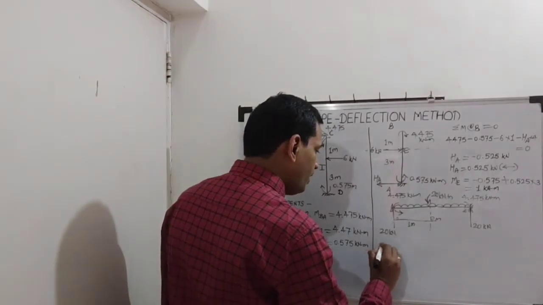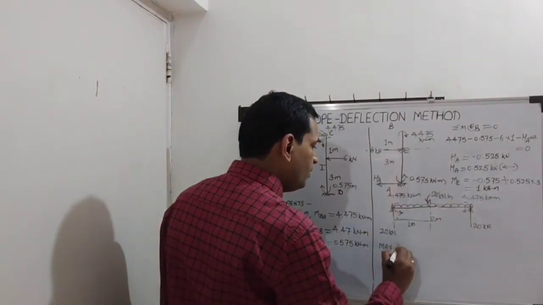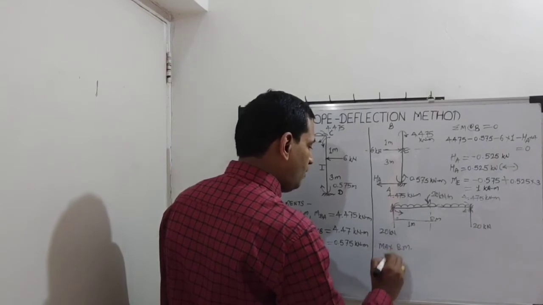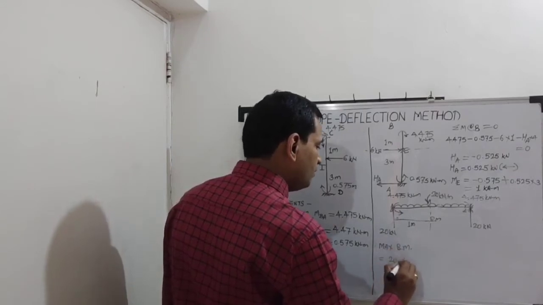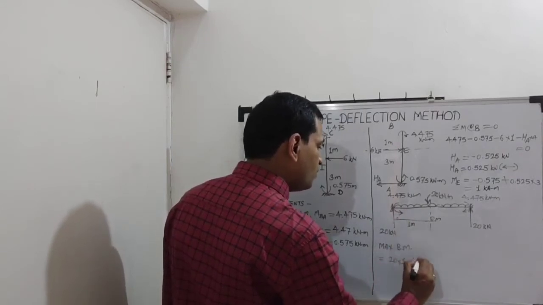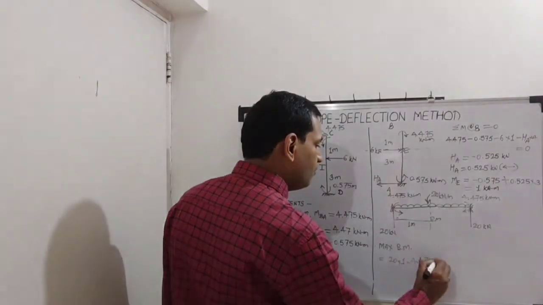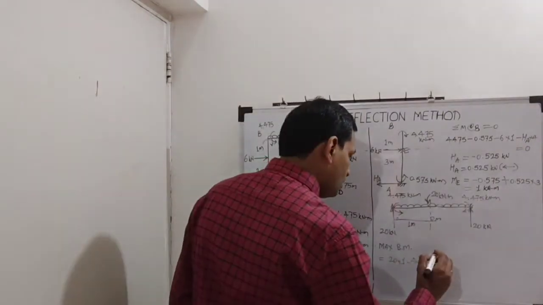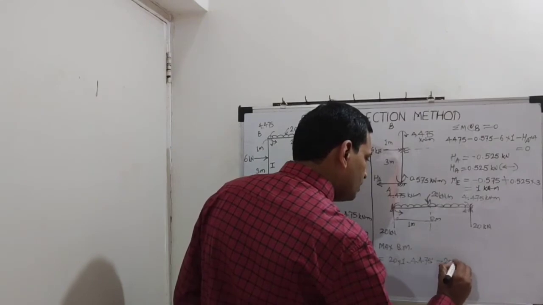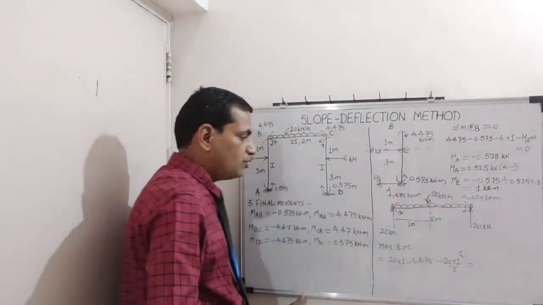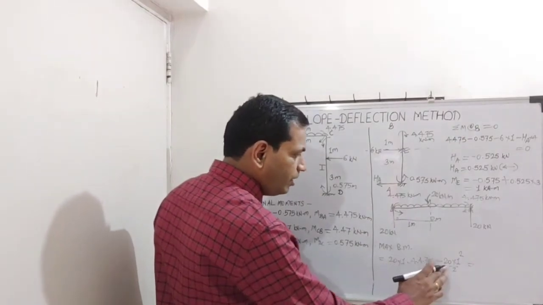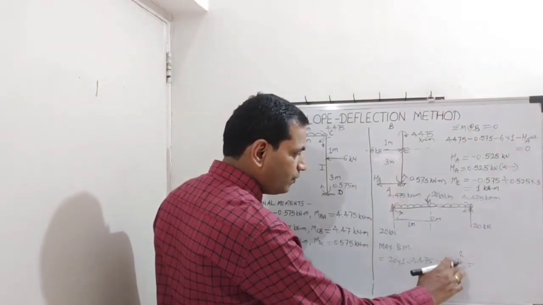So maximum bending moment will be 20 into 1 minus 4.475 minus 20 into 1 square by 2. Okay, so 20 into 1 is 20, 20 into 1 square by 2 is 10.